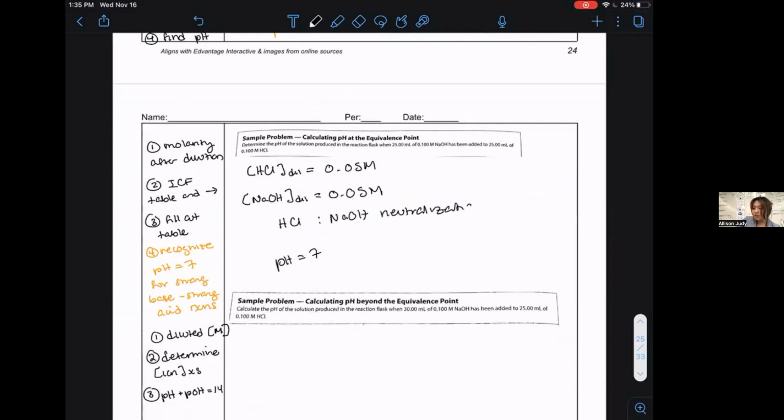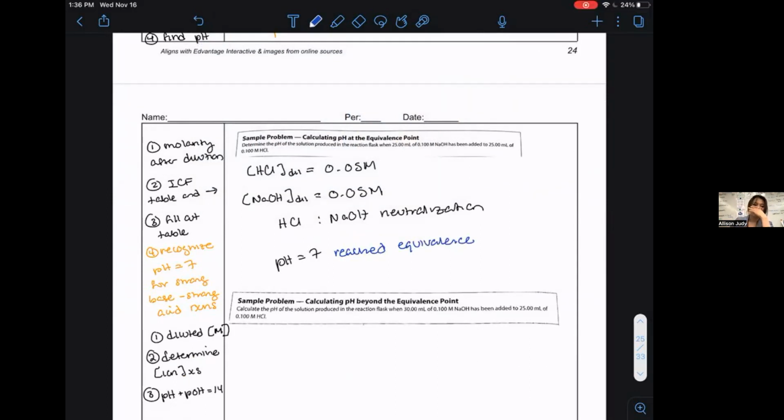So if you have stoichiometrically 1-to-1 molarity and they're equal, you've reached neutralization. Therefore, you can say pH is 7 for the solution because you have attained neutralization. That would be your mathematical proof above. Reach equivalence or neutralization point.